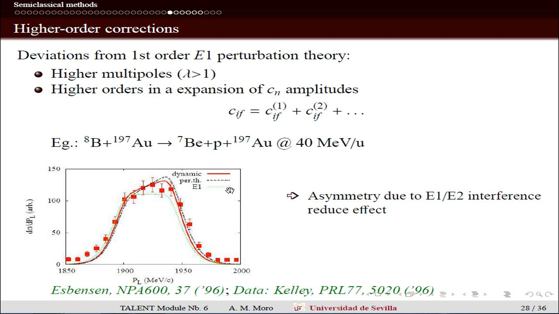This first order approximation is not a too bad description of the data, but you see that the data shows some asymmetry, while this first order calculation gives a symmetric distribution. This asymmetry is typically linked to these higher order effects.